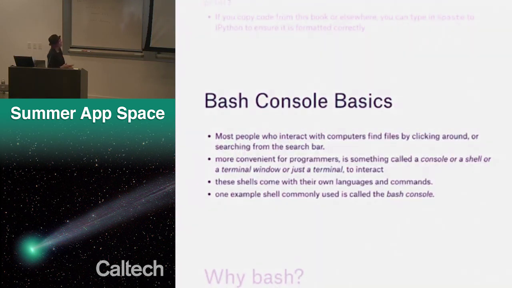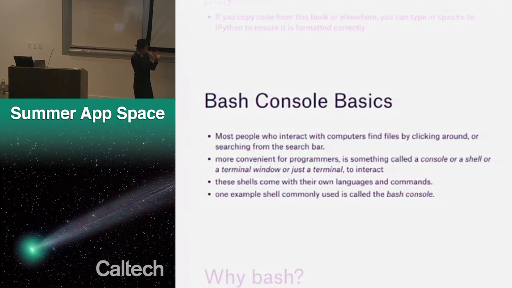Okay. So we've already seen a little bit about this bash console. Most people who interact with computers find files by clicking around, click on a folder, or searching from the search bar. You might go, I remember this file, it's called README. A more convenient way for programmers is something called a console or a shell, or a terminal window, or just a terminal.